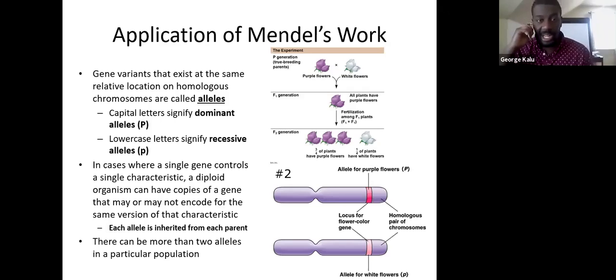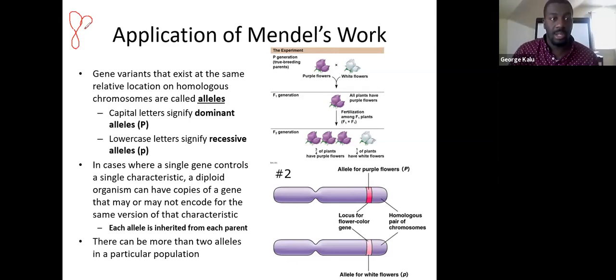What he was able to do was find that there were homologous chromosomes in our cells. Remember, when we're looking at homologous chromosomes, we have two sets of chromosomes. I'll go ahead and draw one over here. So we should have two sets of chromosomes.